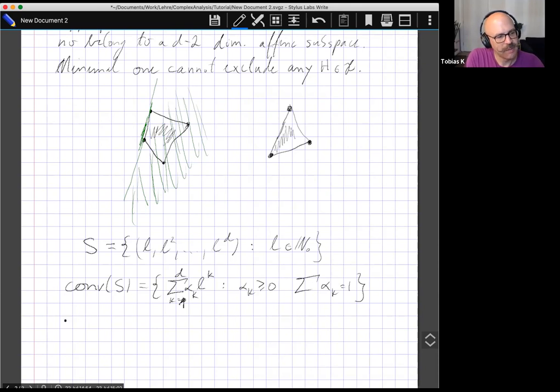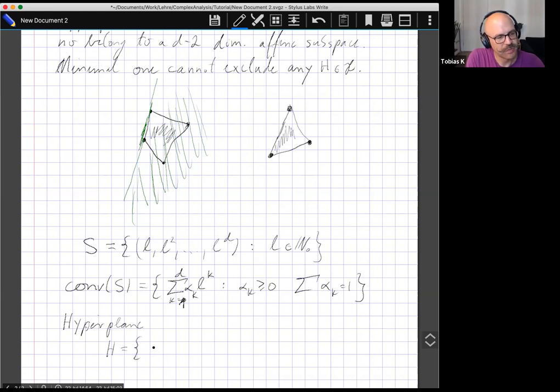Now, a hyperplane, what is a hyperplane? In this context, how does this hyperplane H look like?